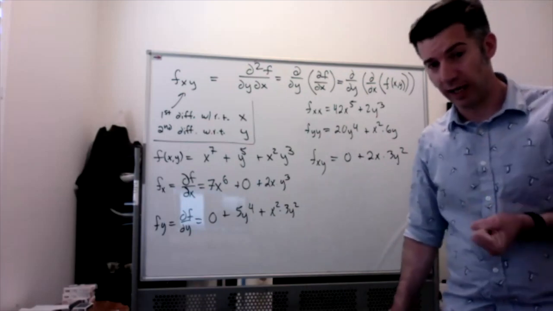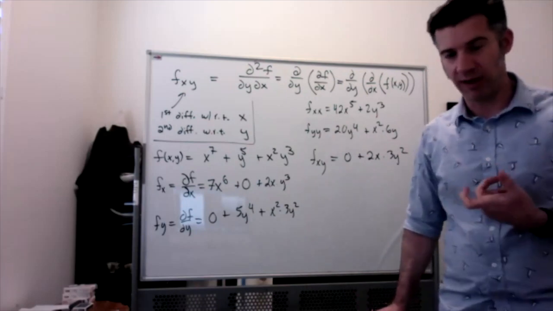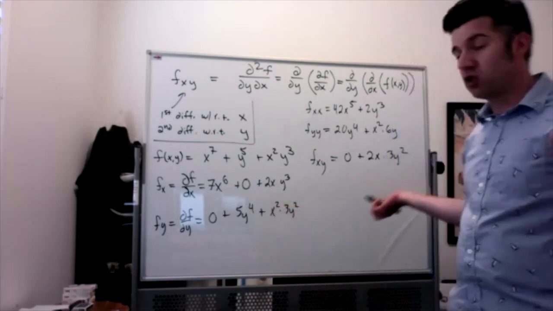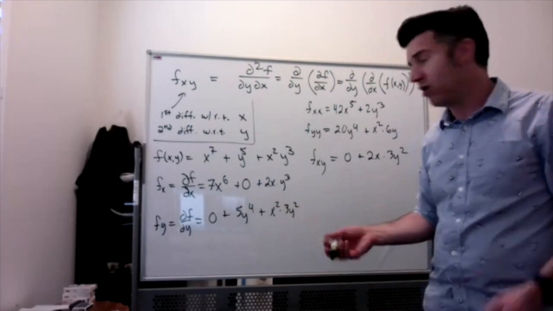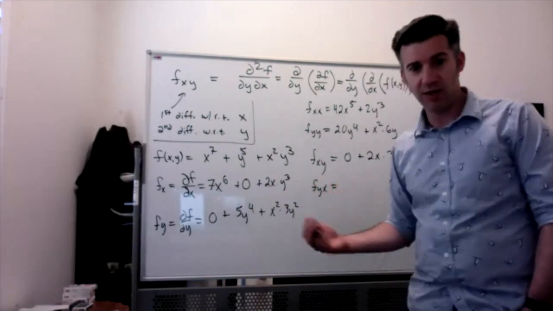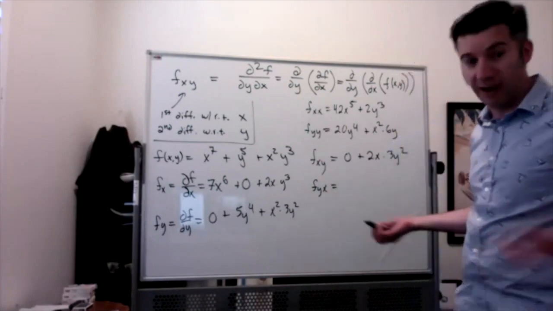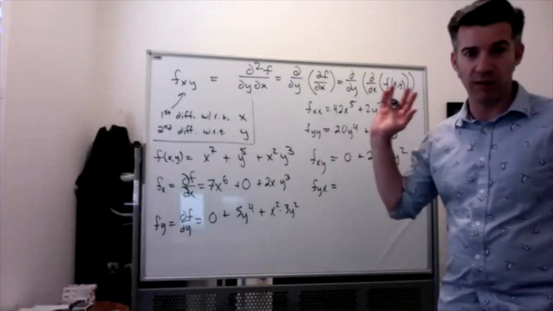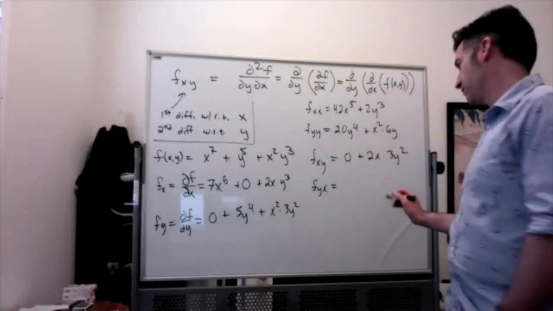So here's a good check. If you do the mixed partials both ways, not that you're going to probably, I did one, I know the other one's the same. But if you're unsure, maybe you made mistakes, you can check the mixed partials. And if you did things right, they should come out to be the same. I mean, they definitely should, unless you've got some weird piecewise defined function that is funky.